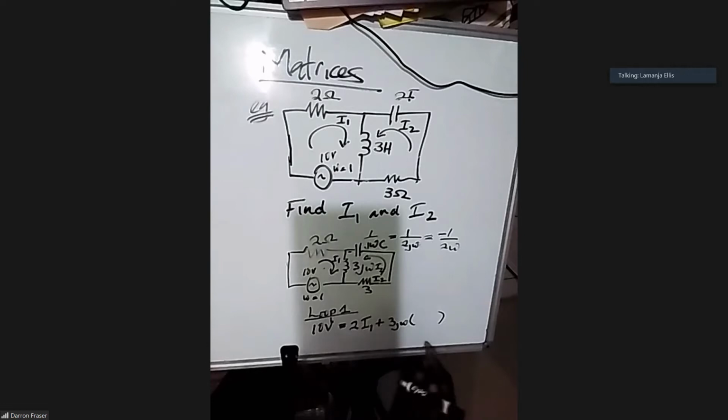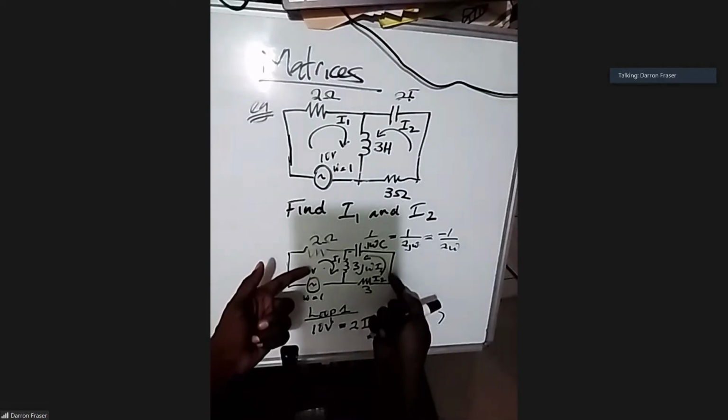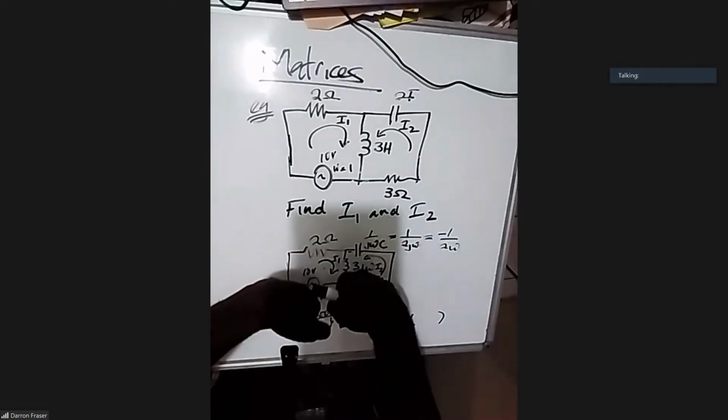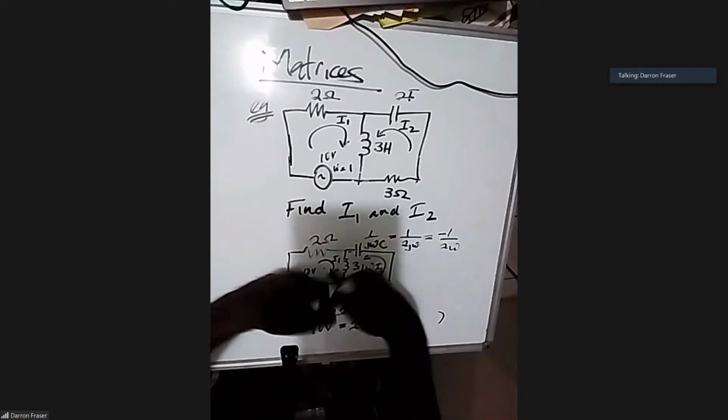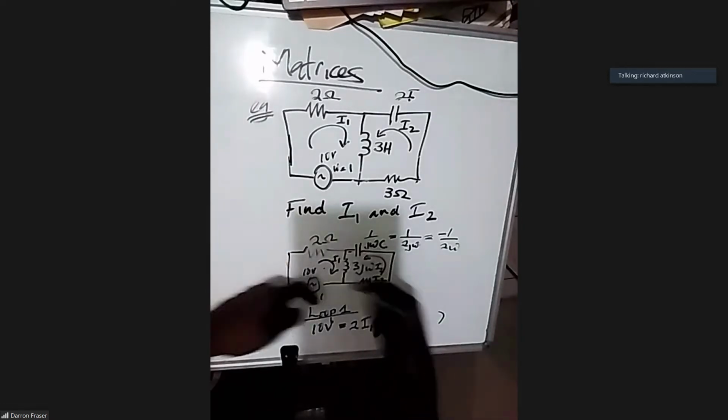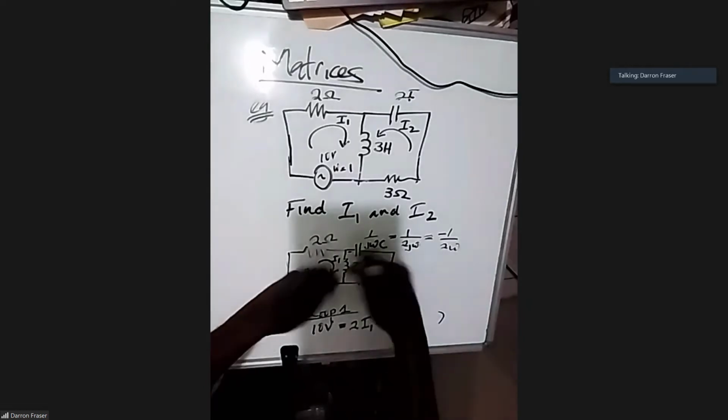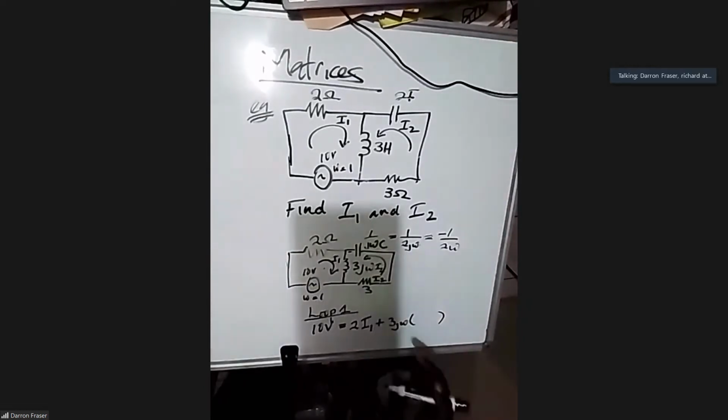Is it I1 minus I2? Look at how we have them. Oh, it's I1 plus I2. Right, because the two of them are in the same direction, aiding each other. Yeah, I1 plus I2.